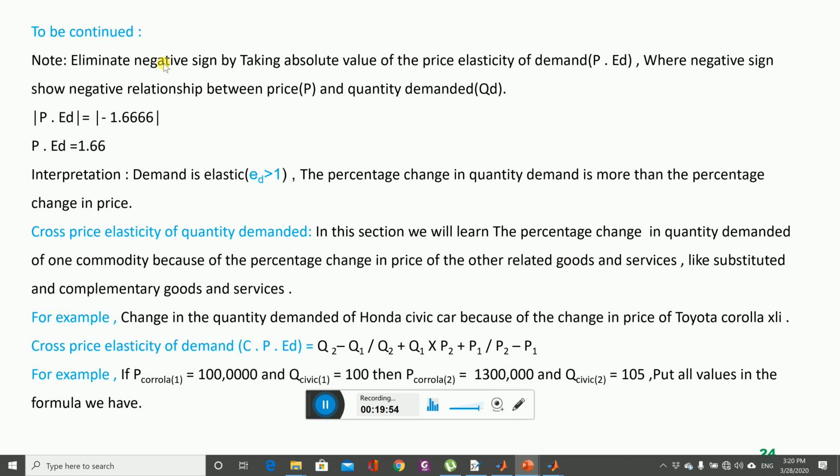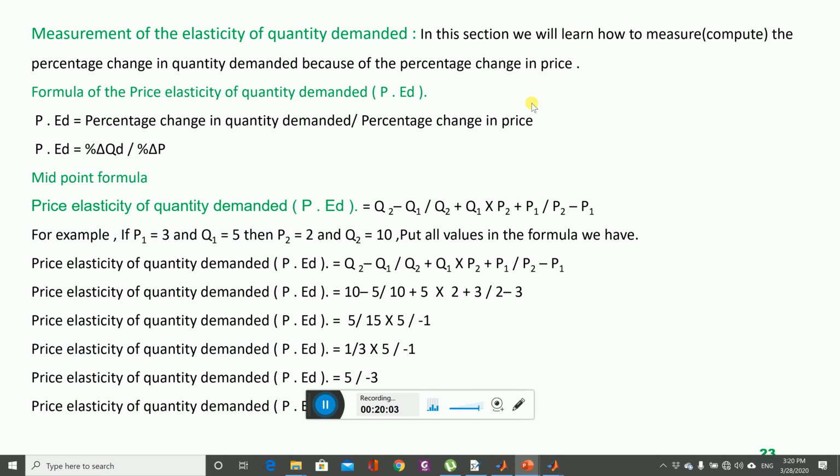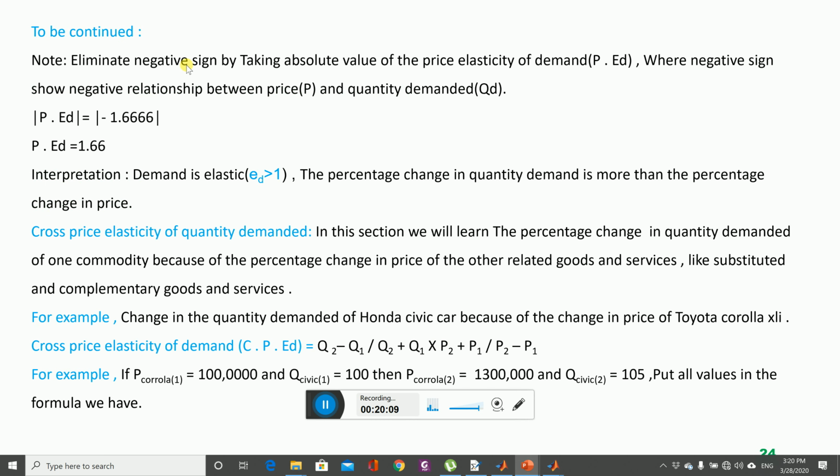Now note, eliminate the negative sign by taking absolute value of the price elasticity of quantity demanded. As we computed in the previous lecture, price elasticity of demand 5 divided by minus 3, the result is actually negative. That negative only shows the negative relationship between the price and quantity demanded.